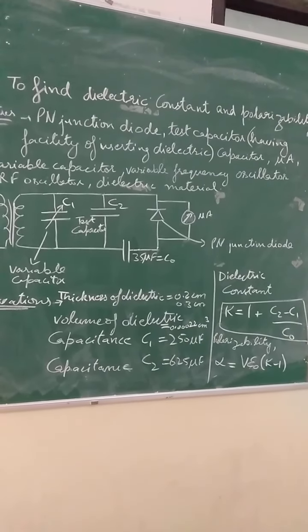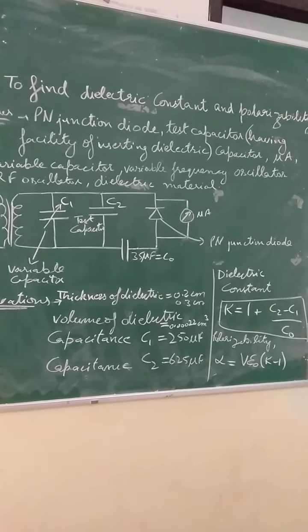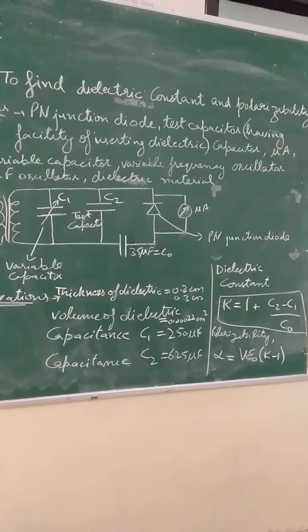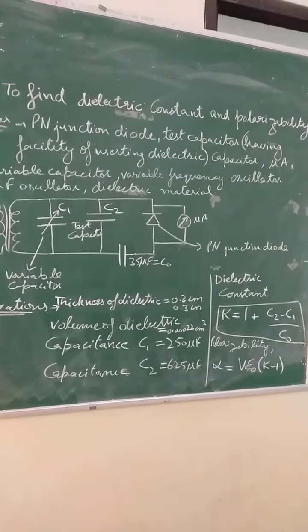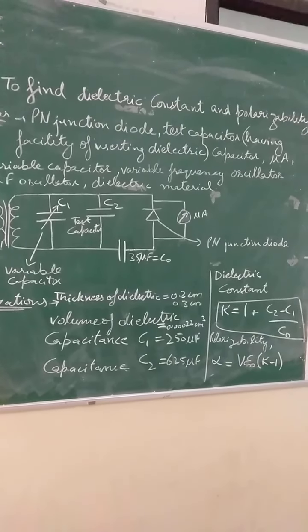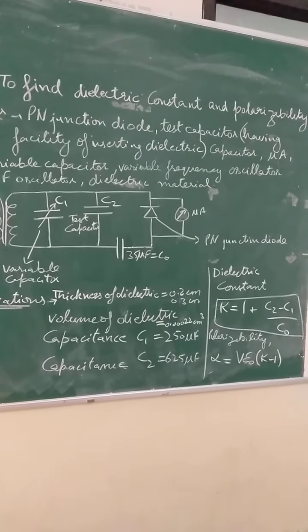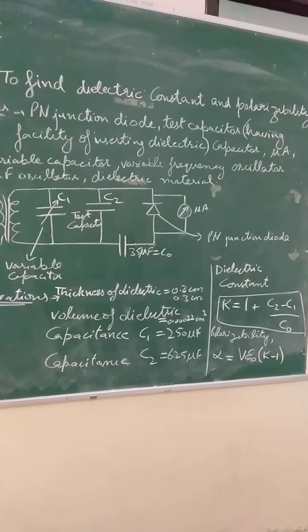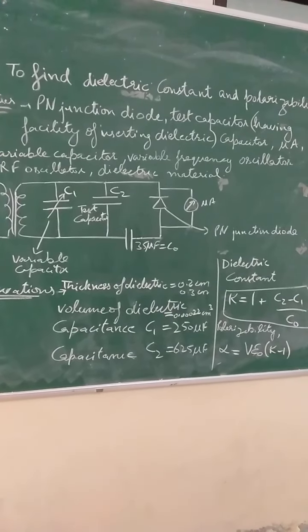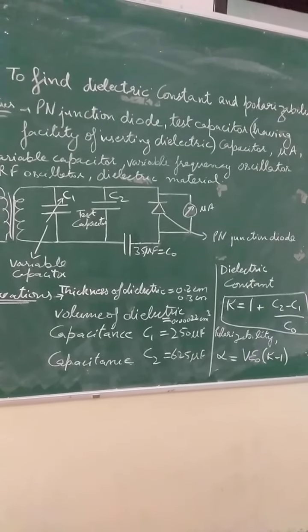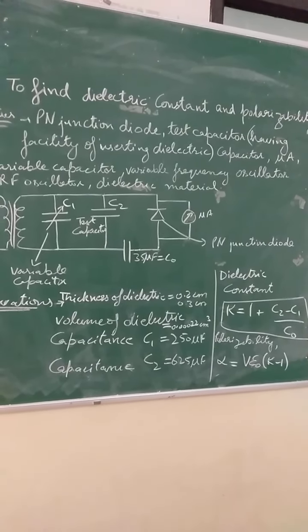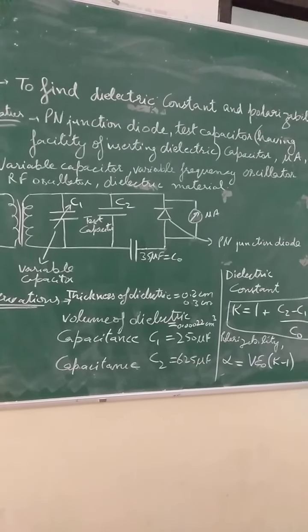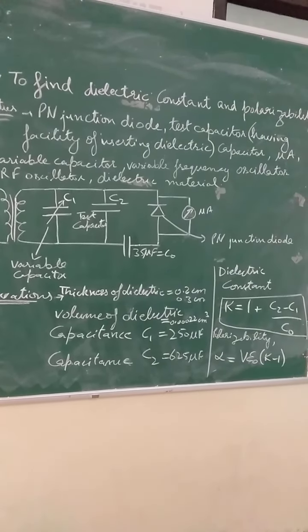When the current is maximum, I will trace that capacitance value, and that was 250 microfarad. If I change the dielectric slab and take the thickness as 0.3 centimeter, corresponding to that there will be just a slight change in the volume of dielectric slab, and C2 I can trace again for the maximum amount of current, which is stabilized with the help of RF oscillator and tuning frequency.